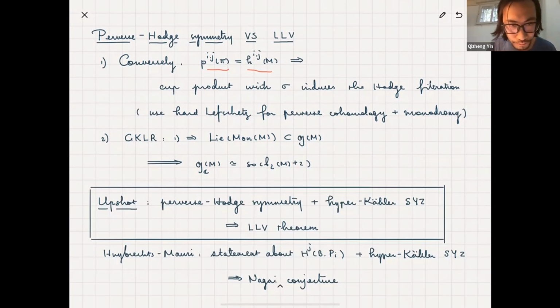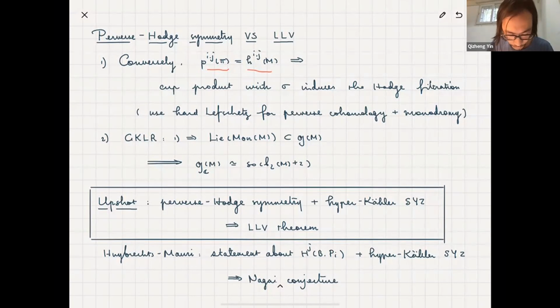So if you assume perverse equals Hodge, you can also prove that cup product with sigma induces the Hodge filtration without any hyperkähler metric at all.